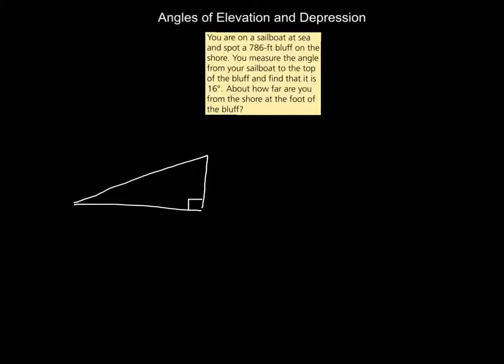So start with a right triangle, and then you just have to put in the measurements where they are supposed to be. So if I label this A, B, C, I know the measure of angle A to be what? 16 degrees. And I know that side A is 786 feet.